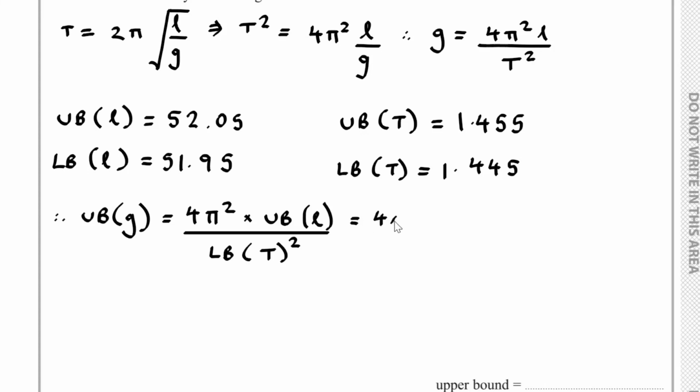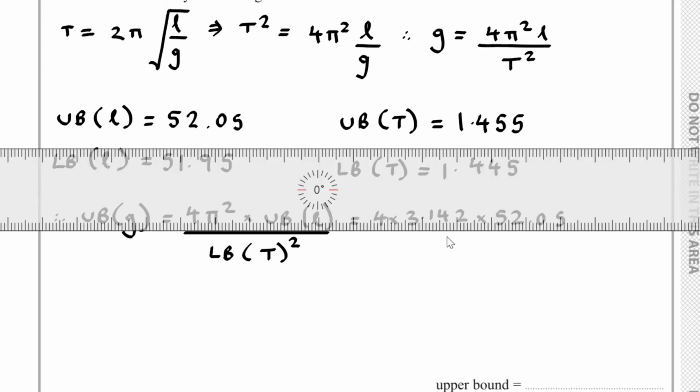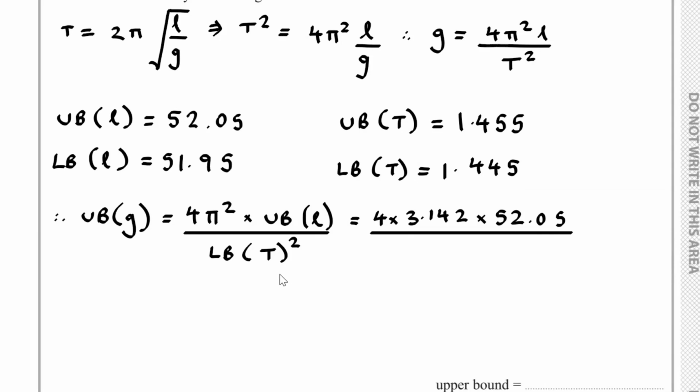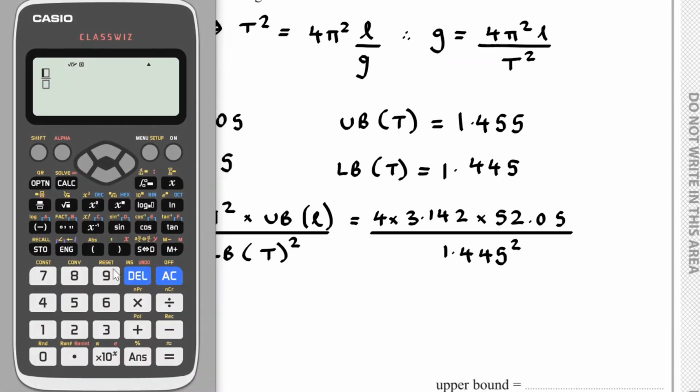So I've got 4 times 3.142 squared times 52.05 divided by the lower bound of t squared. So I've got 1.445 squared. So the upper bound of G, if I work this out, I've got 4 times 3.142 squared times 52.05 divided by 1.445 squared.